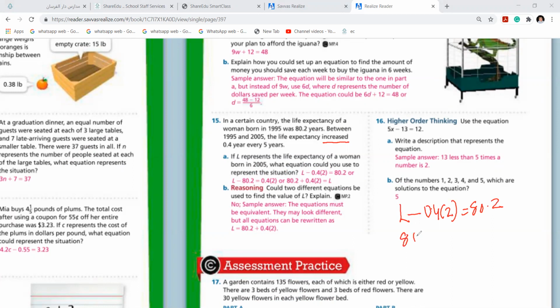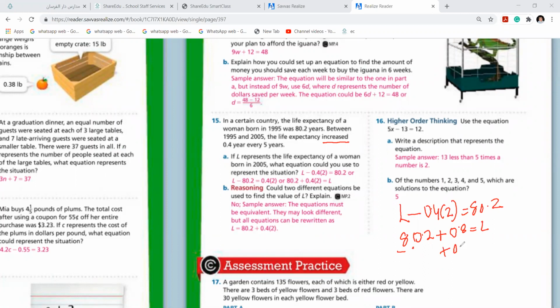Or you can say 80.2 was in 1995. You added 0.8. I told you it is increasing, so I'll add the 0.8 to the life expectancy. This is the better equation to understand: from 80.2 in 1995, I added 0.8.